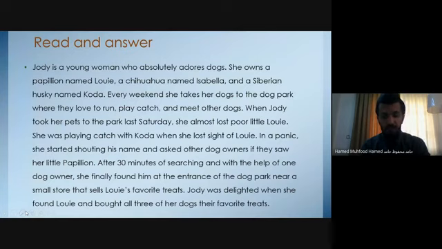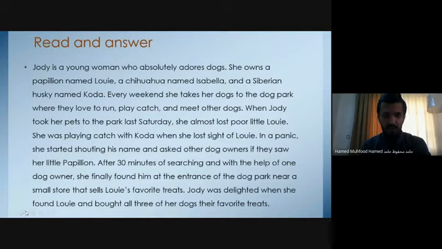So now concerning this text, here we are talking about Judy, who loves dogs. How many dogs does Judy have? Mustafa? 3 dogs. Yes, 3 dogs. It means that she has 3 pets, right?